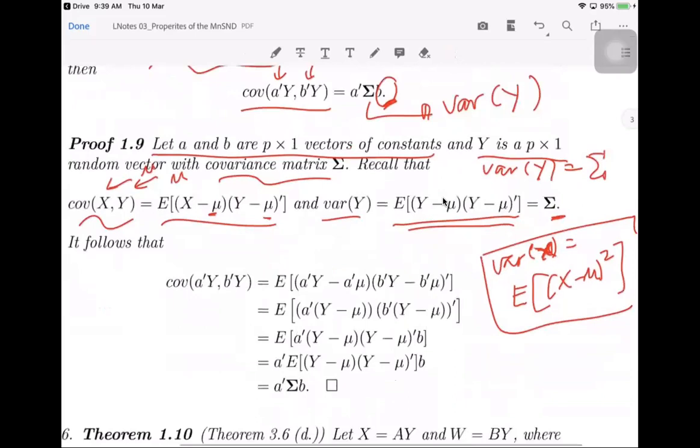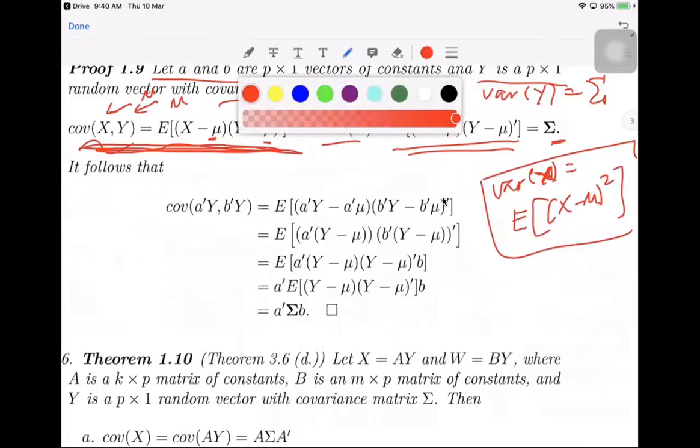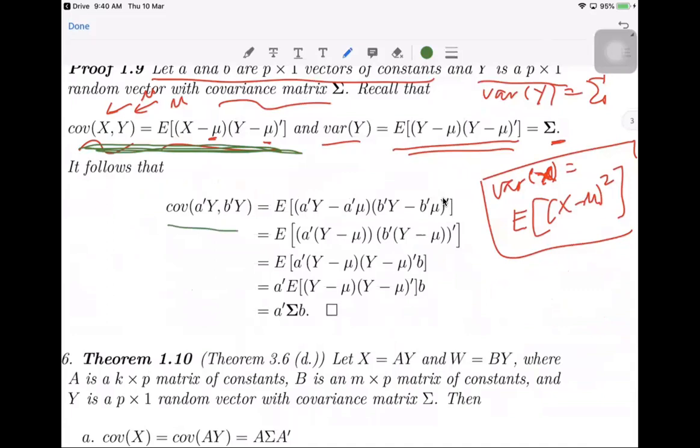Using this result, you have the covariance of A prime y, B prime y. Substitute this. And this time, you have that. Factor out A prime, you have this.